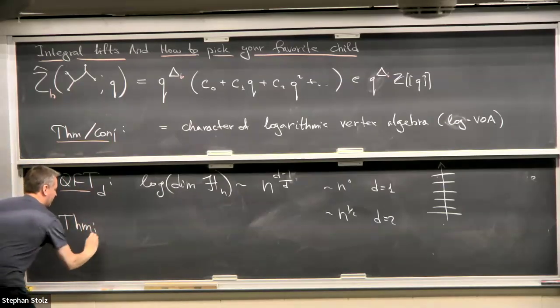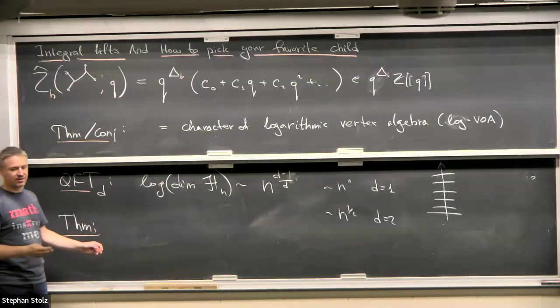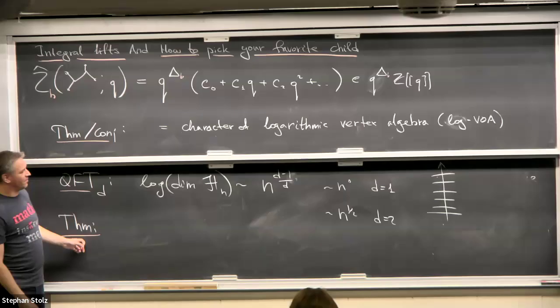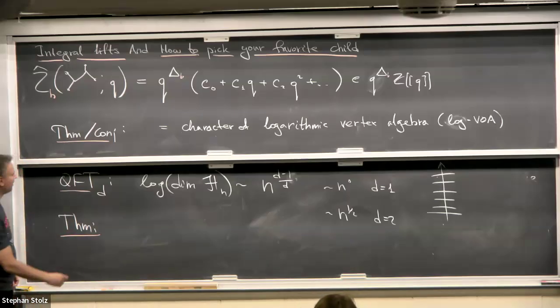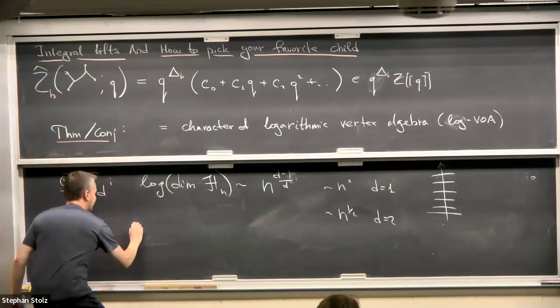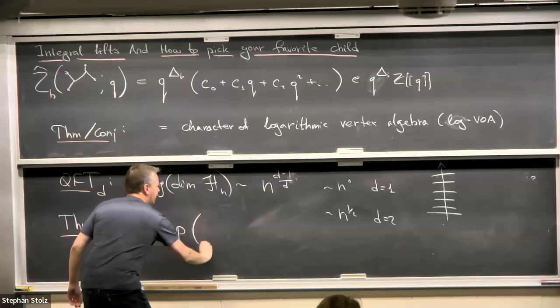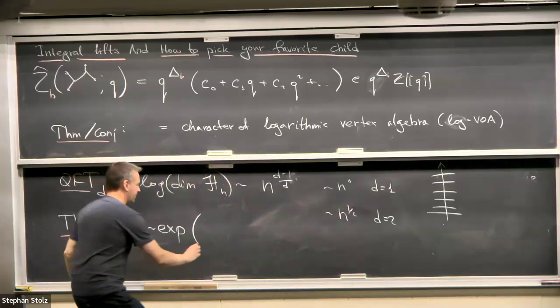Actually, I don't know due to whom, probably some of the founding fathers of vertex algebras like Lepowsky and others, Igor Frenkel, maybe others. But in physics, it came from John Cardy, and it's called the Cardy formula. It says that these coefficients c_n grow exponentially, indeed as this general statement says, namely as a square root of n.